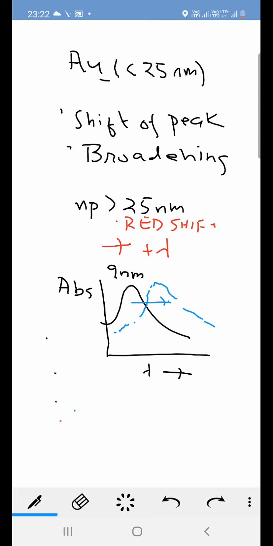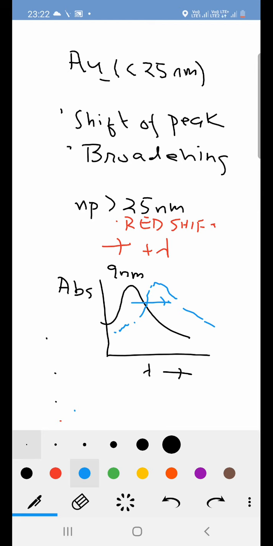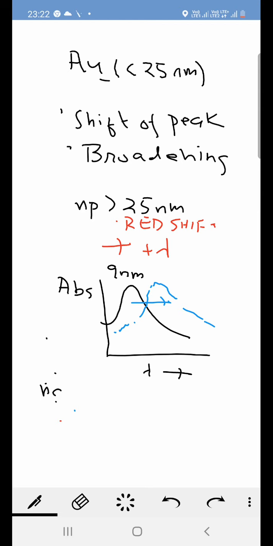This is what is observed. Now, as we said, there are two factors on which the resonance depends. The shape of the nanoparticle is also very important. For example, if you have a nanorod, it has two dimensions: the longitudinal dimension and the transverse dimension.